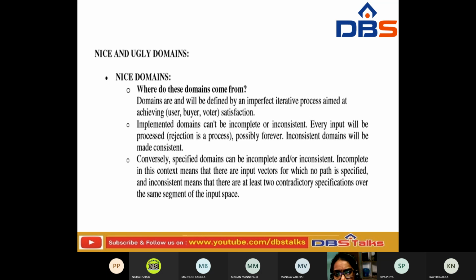For example, the inconsistent domains should be made consistent, and conversely, specified domains can be incomplete or inconsistent.